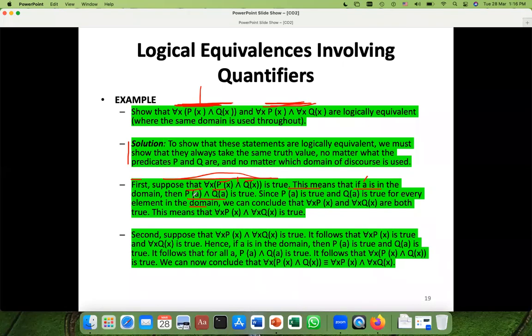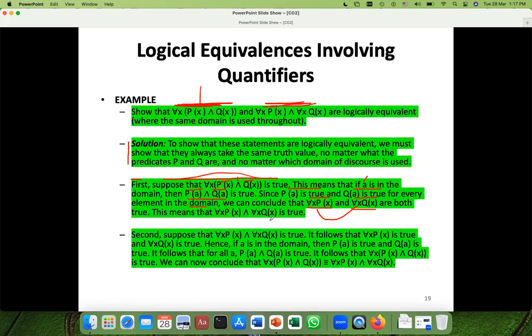So you can say, if P of A and Q of A will be true for all elements of x, then you can write it separately. Like P of x would be true for all elements of x, and Q of x would be true for all elements of x. For every element, you can say separately that individually P of x would be true for all x entries, and individually Q of x would be true for all entries of x.